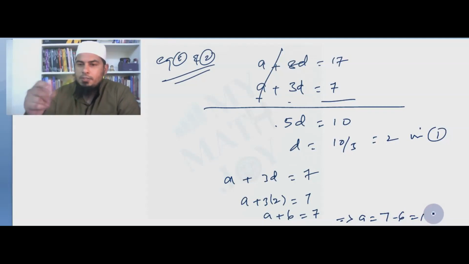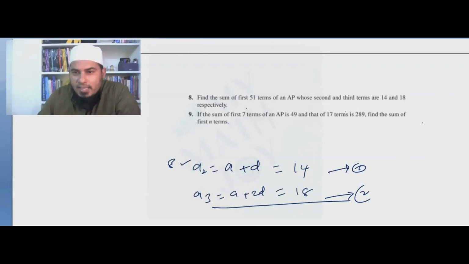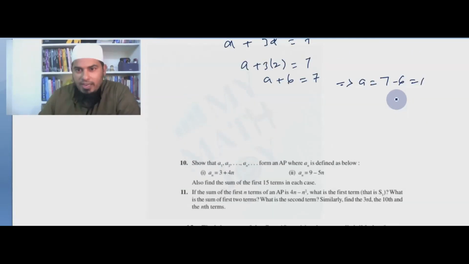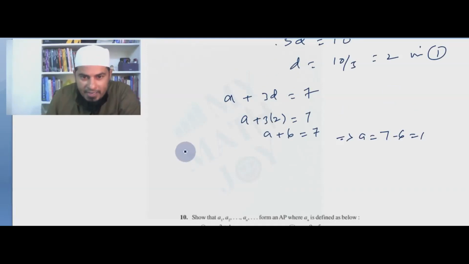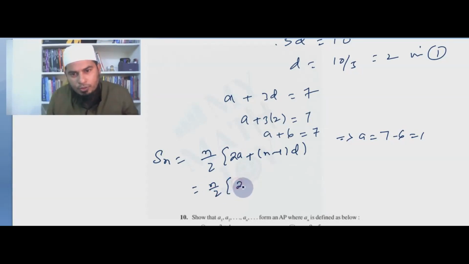So we got it. Very nice. So we got the A value, we got the D value. Then we can find what he is asking us: find the sum of the first n terms. Okay, he wants the sum of the first n terms. Sn is equal to n by 2 into 2a plus n minus 1 into d. Then we just need to substitute our a value and our d value.